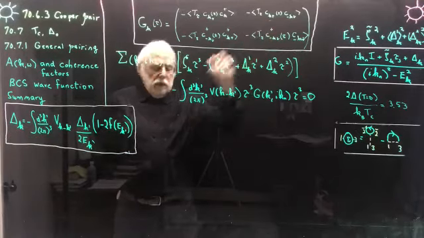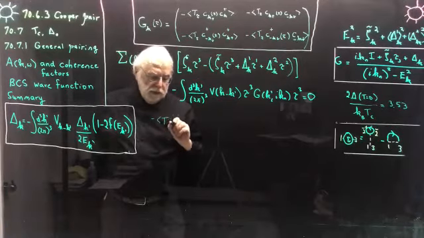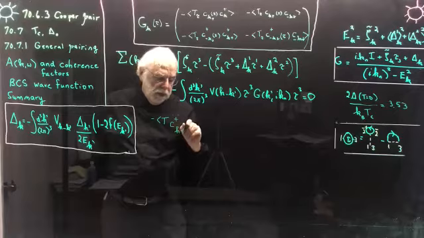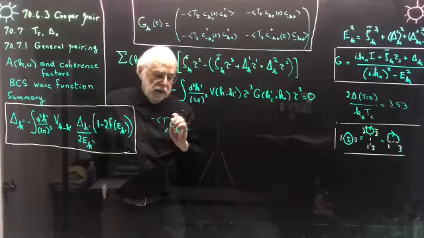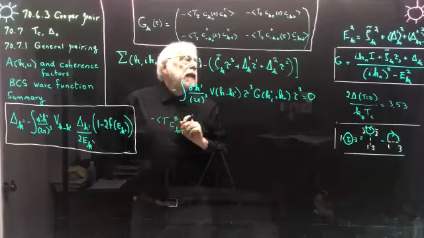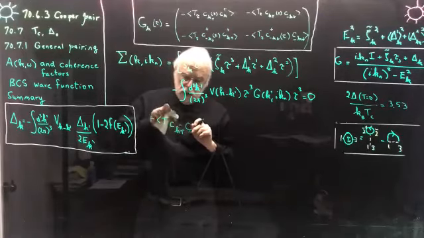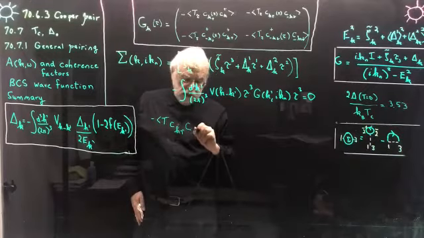Now, if we compute the time ordered product of c dagger k up. No, not c dagger c. c k up, c minus k down.